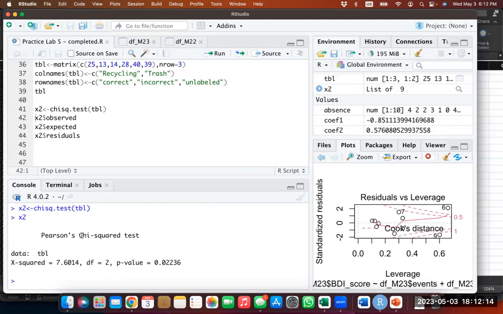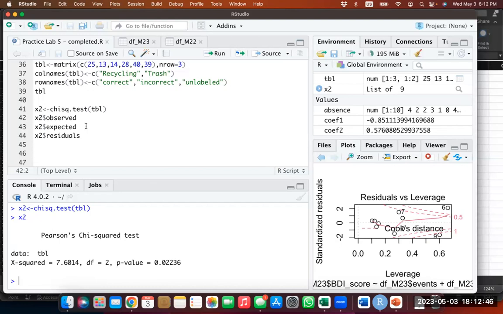So we have a chi-square of 7.6 on 2 degrees of freedom. Remember, it's 3 columns minus 1, which is 2, multiplied by 3 rows minus 1, which is 2. This is degrees of freedom 2. And the corresponding p-value is smaller than 5%. We haven't quantified it, but R is quantifying it for us by building the function.